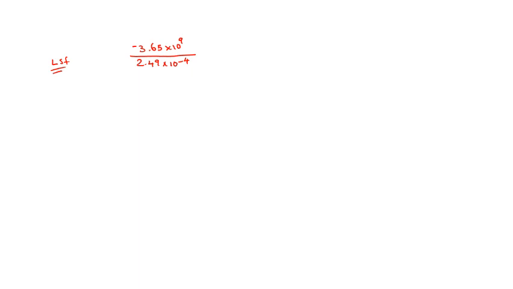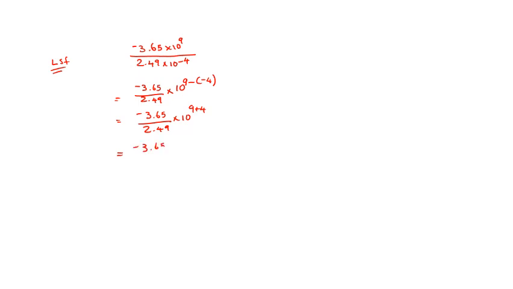And now what I'm going to do is negative 3.65 divided by 2.49 times 10 to the power 9 is in the numerator and 10 to the power negative 4 in the denominator. So minus negative 4. That's what I would do. And that is nothing but negative 3.65 divided by 2.49 times 10 to the power 9 plus 4, which is again equal.